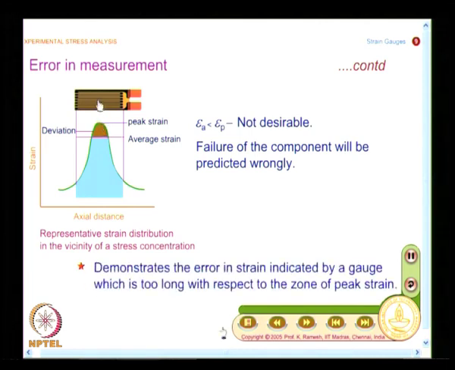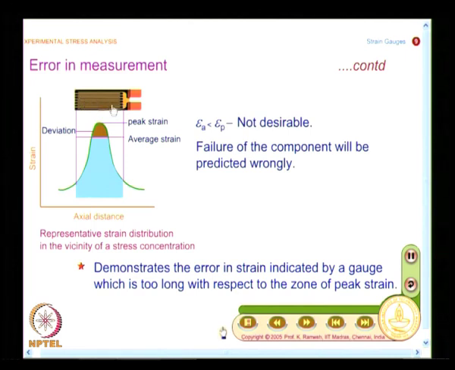See, this is the point of interest where I would interpret the strain result to be. For this point, because of the sharp variation, you have a very high value of strain, which is not the same as the average strain measured by the actual strain gauge.